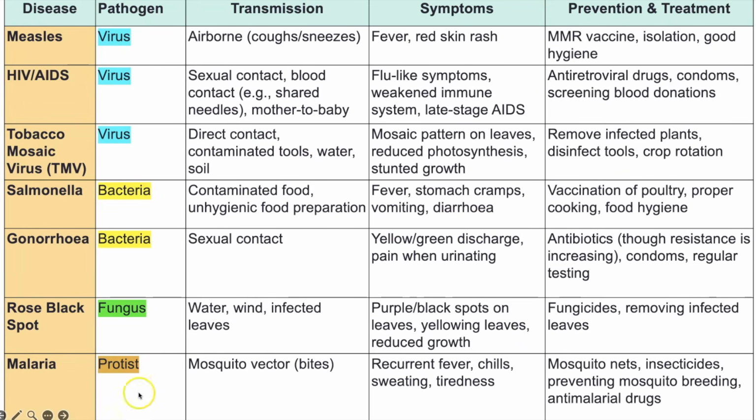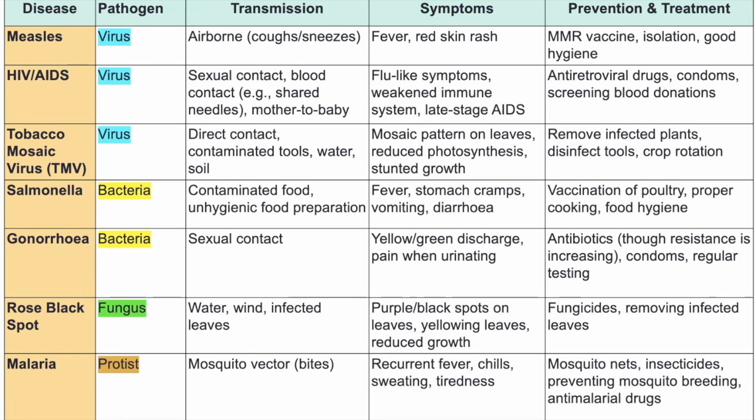Now, as we went through all of those, I said the ones that you need to know about, and I said the names of them and whether they infect animals or plants. But this slide now gives you the table of how they're transmitted, the symptoms that they can cause, and the prevention and treatment. So I recommend you pause, screenshot, and then you've got all of this information for your notes.